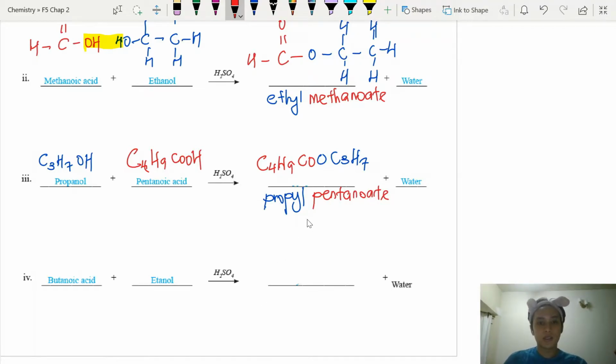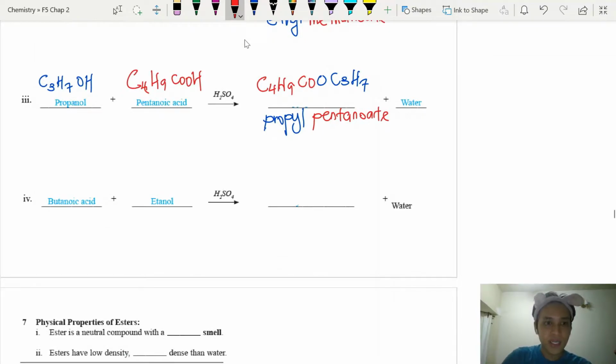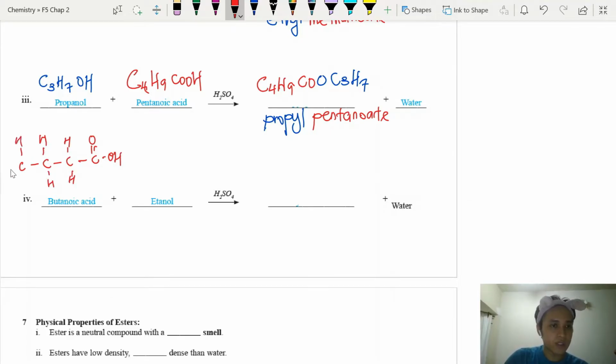Another one, butanoic acid. This one maybe I'll use a structural formula. 1, 2, 3, 4. Fill in all your hydrogens. Ethanol, wrong spelling, definitely.